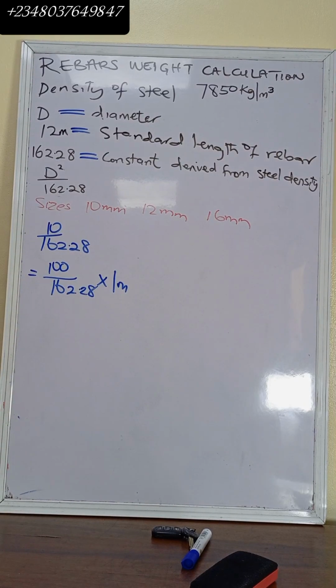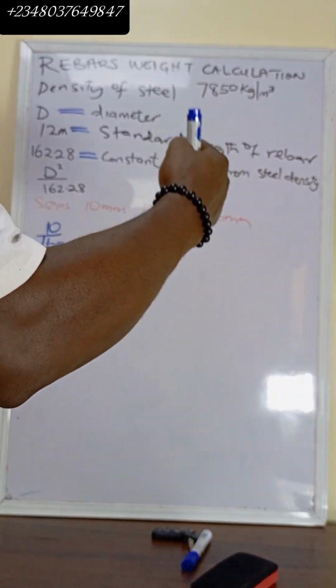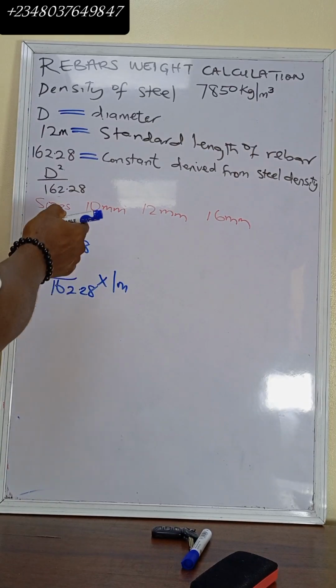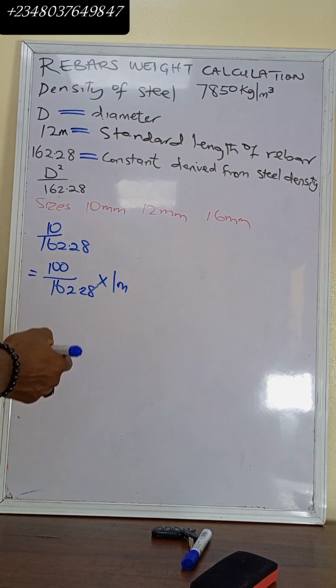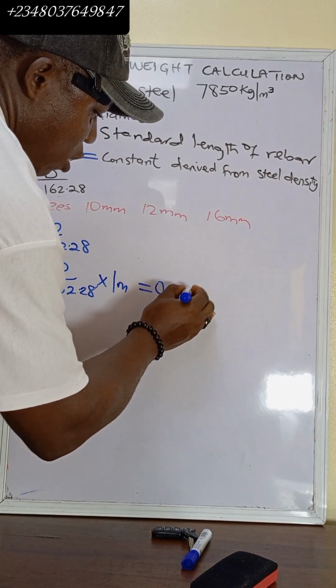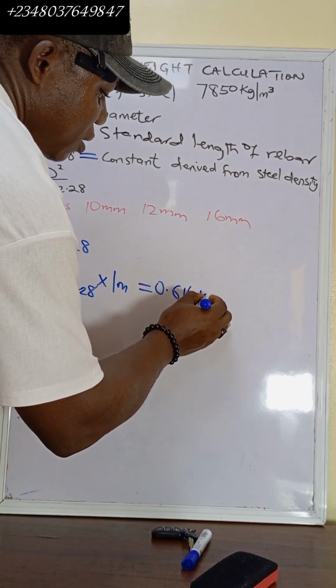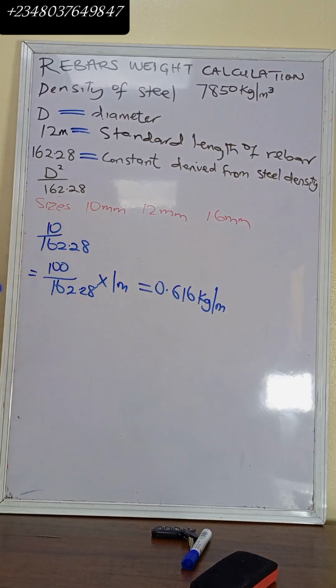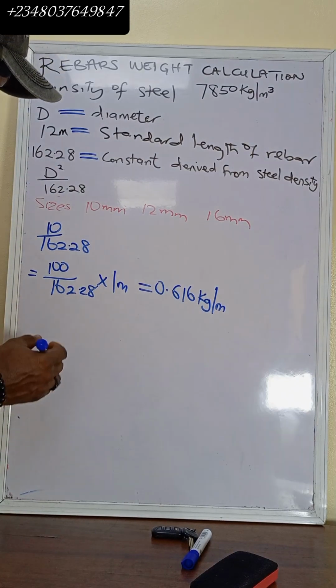It's presumed that we are already calculating considering 1 meter. So 100 over 162.28 multiplied by 1, this will give us 0.616 kg per meter. Now, we said the standard length of a reinforcement is 12 meters. We are going to multiply this by 12.